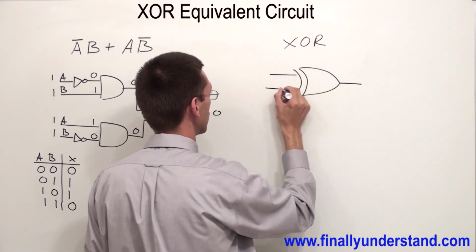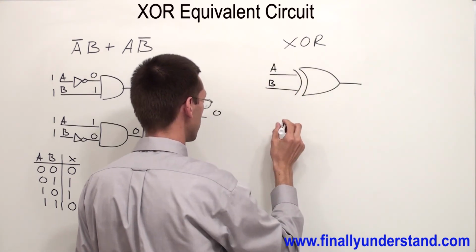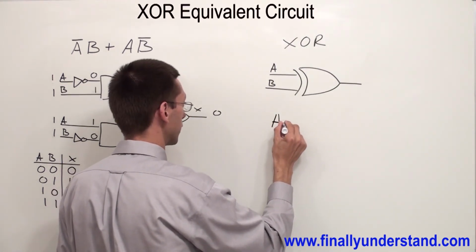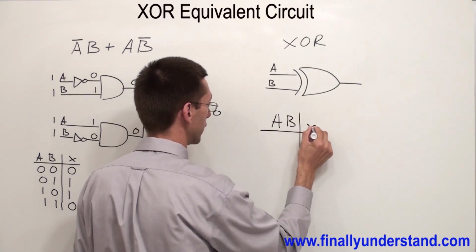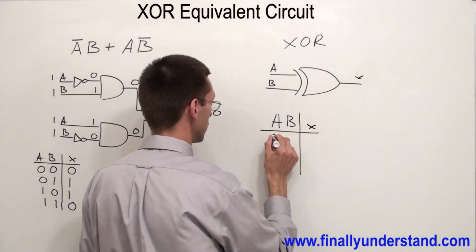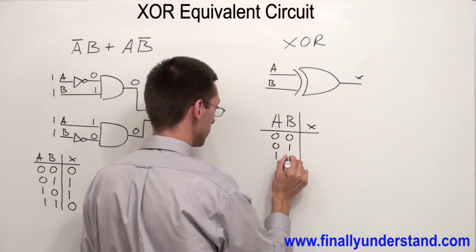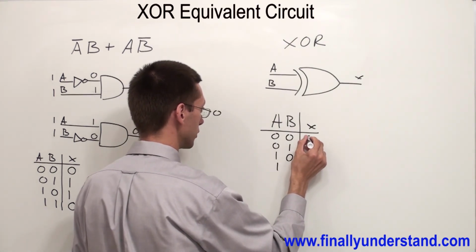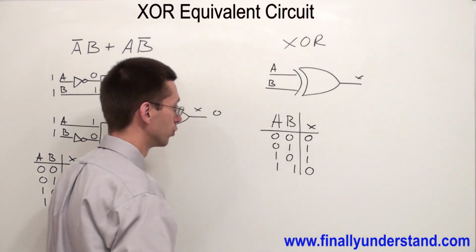This is the exclusive OR gate, this is input A and this is input B. The truth table, which you have to remember, is: this is my output X, for inputs 0, 0, 0, 1, 1, 0, 1, 1, and the truth table is 0, 1, 1, 0.